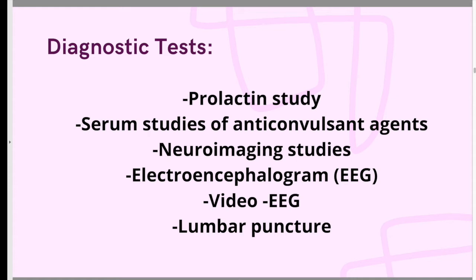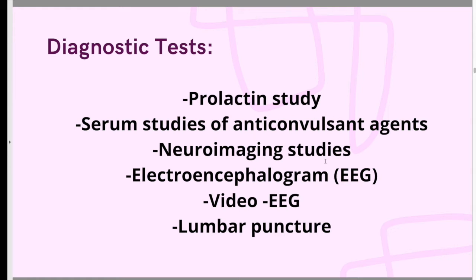While for the serum studies of anticonvulsant agents, judicious testing of serum levels of anti-epileptic drugs may help to improve the care for patients with seizures and epilepsy. However, note that many new anti-epileptic drugs do not have readily obtainable or established levels.